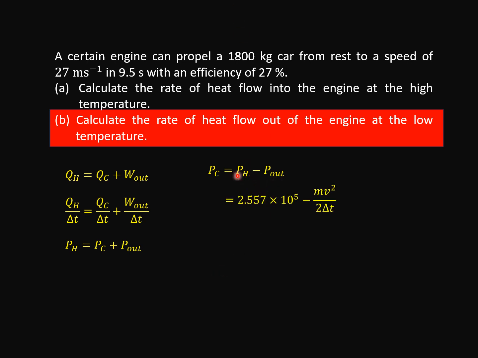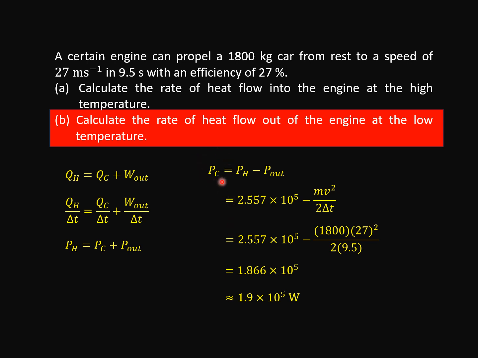PH, this value we already obtained in part A, and this P out, mv squared over 2 delta T, we also already have it when we solved part A. We can substitute the values for m, v, and delta T again.